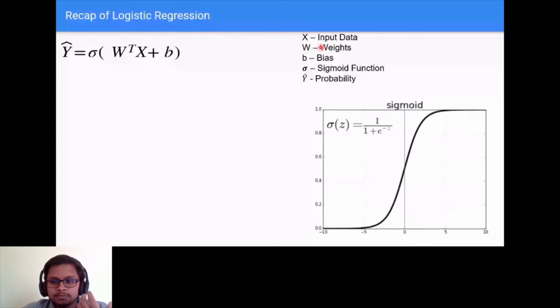And for those who do not recall, the reason why we use a sigmoid function over here is that w transpose x plus b is something that will give us a result anywhere from a very large negative value to a very high positive value. However, we do not want that. A probability that lies outside 0 and 1 seems unrealistic, and that is not something that we would like to get as an answer.